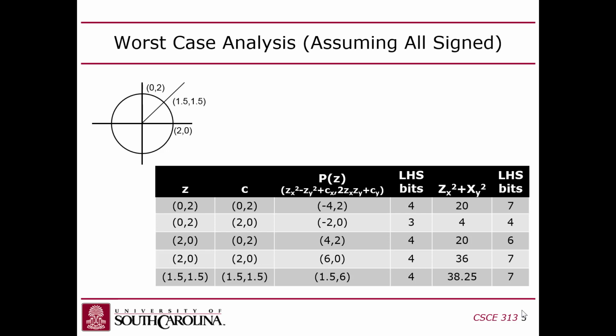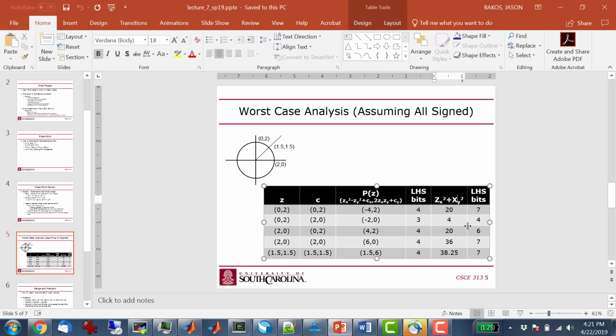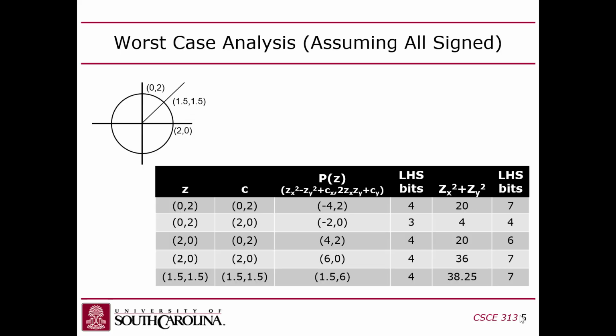That should say zx squared plus zy squared. There we go. Okay, so if I calculate the norm of the imaginary number, I'm actually going to get 20, right? Because that's going to be 16 plus 4.